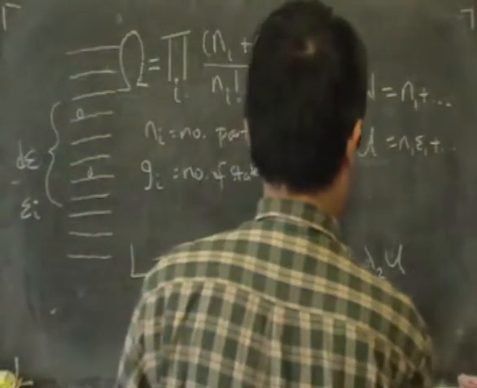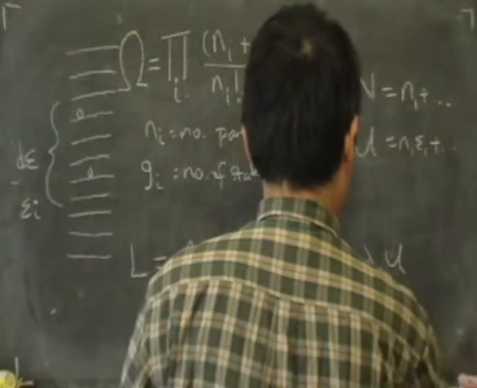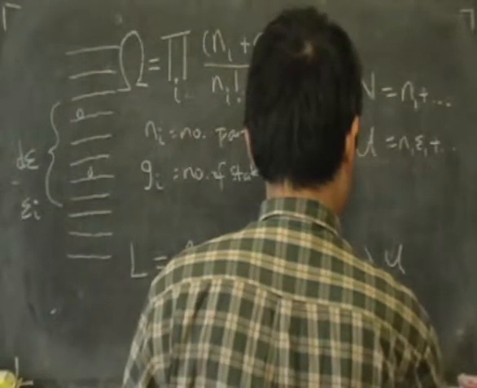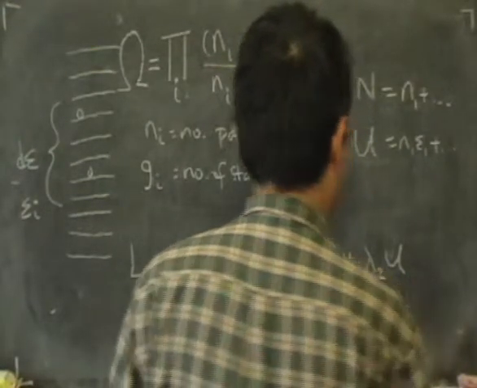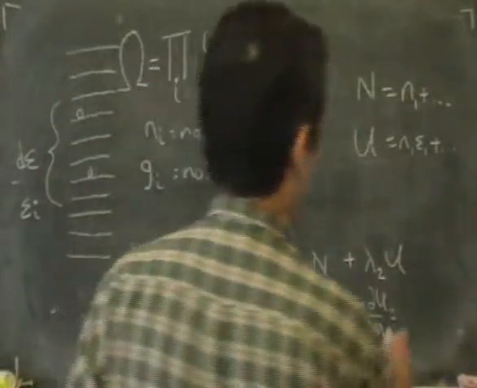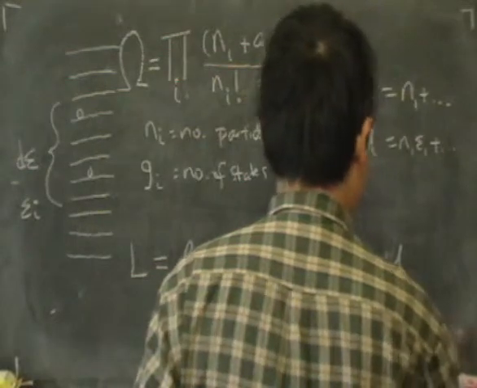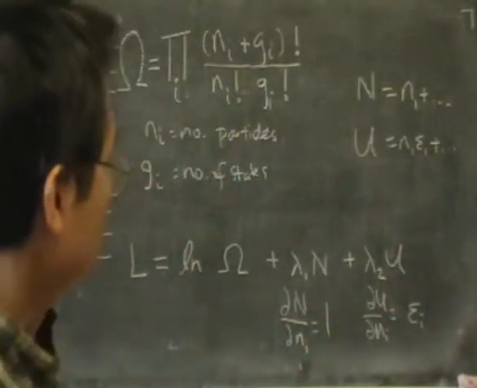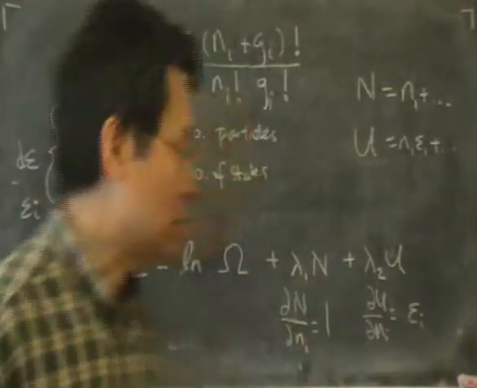And for u, when I differentiate with respect to ni, I will get ei. So these are the easy ones.